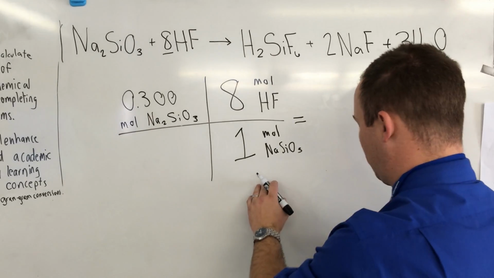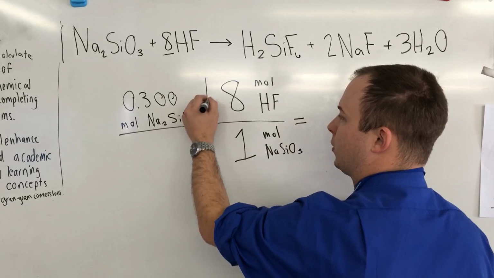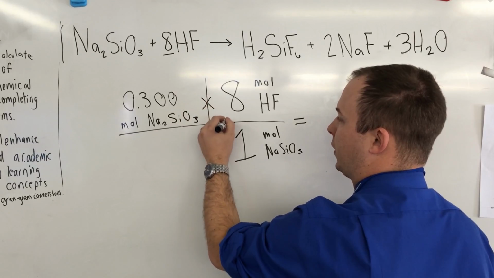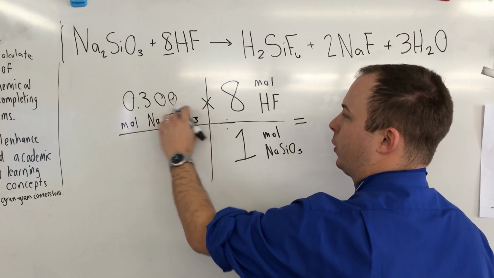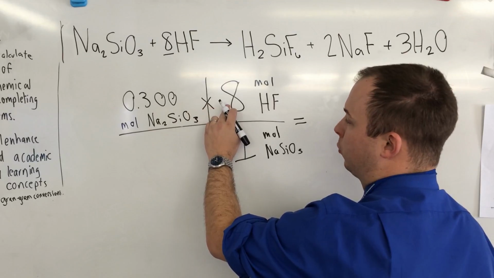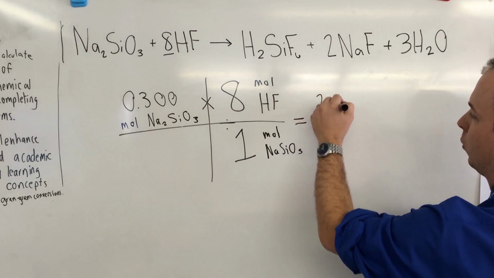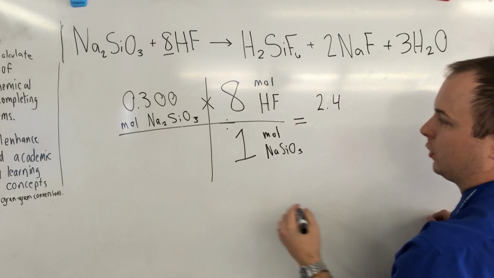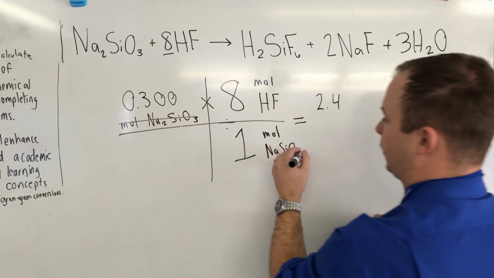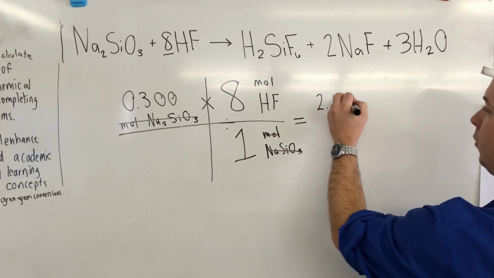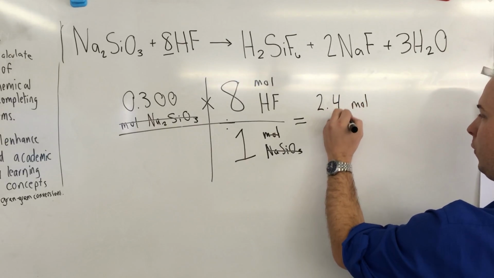Once you get to this step, all you do is multiply the top and then divide by the bottom. So you get 0.3 times 8, which is 2.4, and then you divide by 1, so what you end up with is 2.4, and our units, because these will cancel out, that cancels out with this, will be moles of hydrofluoric acid.